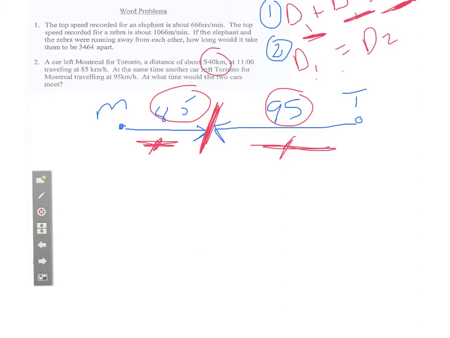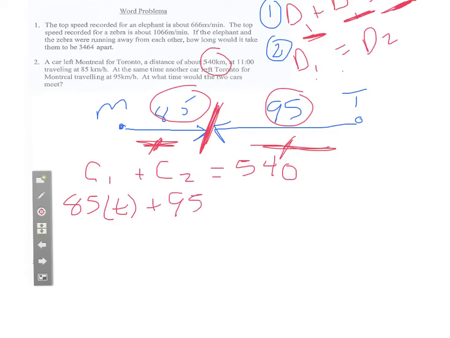So this is almost exactly like the last question. We have car 1 plus car 2. When they add up, it has to add up to 540. So we do the speeds again: 85 kilometers per time plus 95 kilometers per time equals 540.